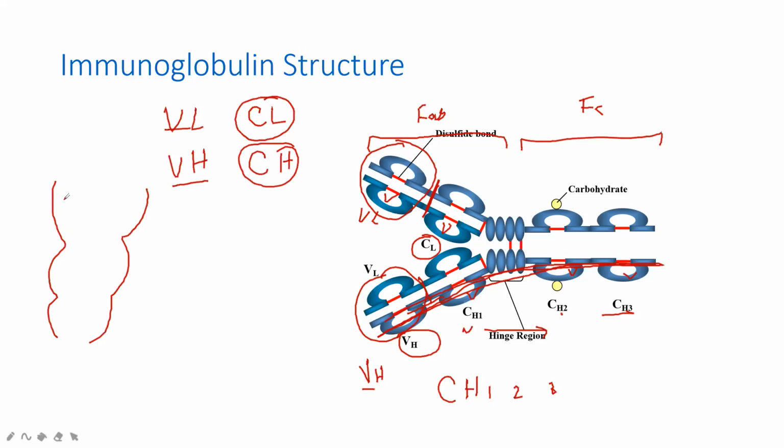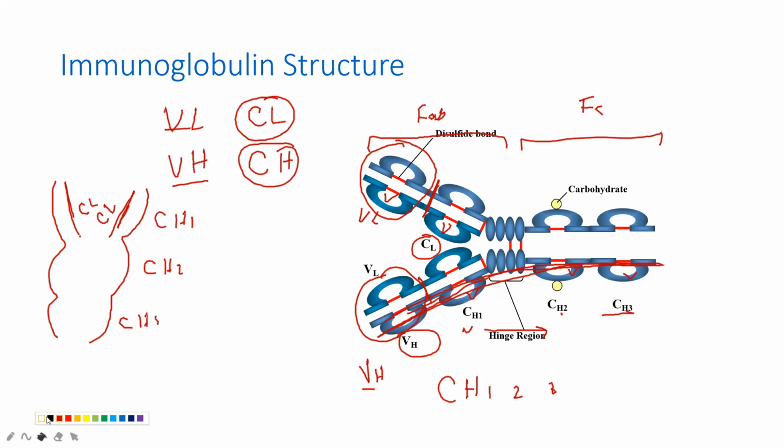Inside we have the light chain here. Clear? For the constant part, it's constant part heavy chain 1, 2, 3. This is the constant part of the light chain.